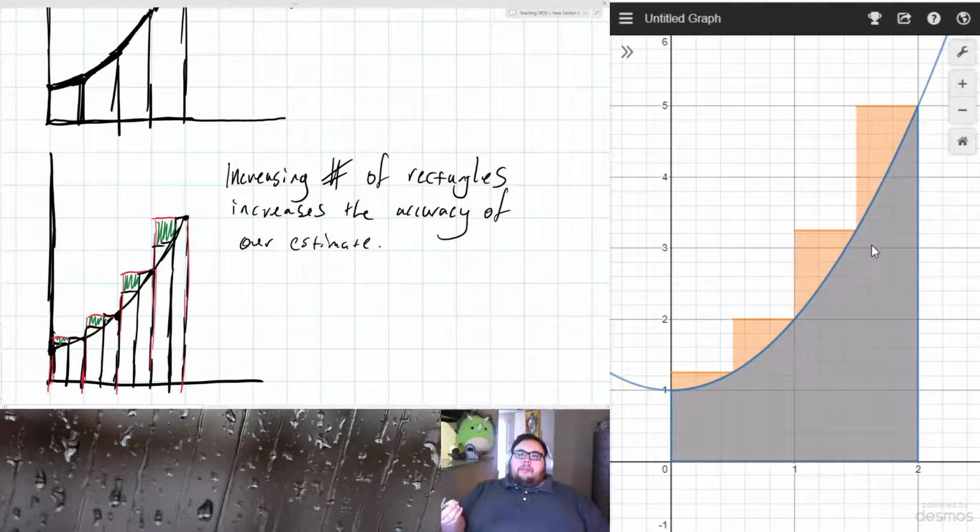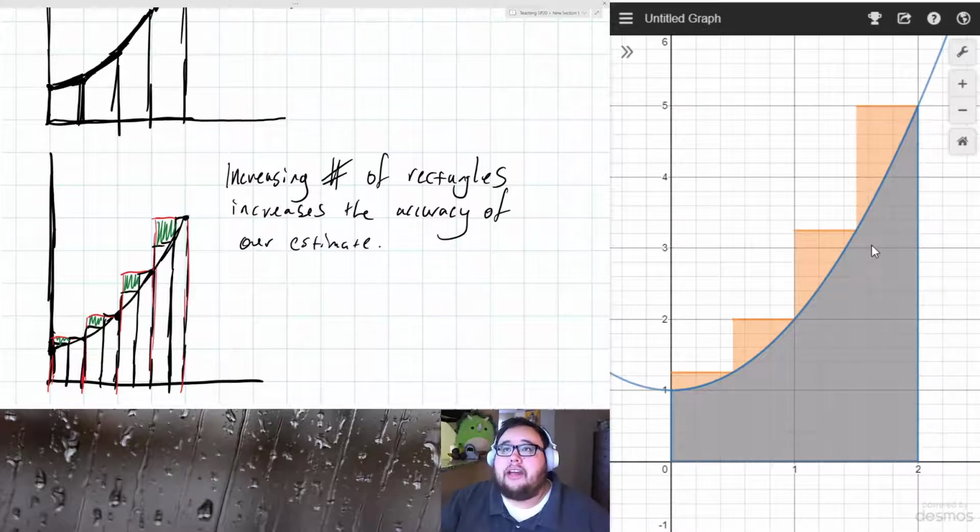So we could halve the width of our rectangles and still follow that same rule, maybe either choose the left-hand side or the right-hand side, and have them over and over again, right? And eventually, if we were to use a limiting process, like the limits we learned about at the very, very beginning of the semester, and we took the limit of the sum of these areas as the number of rectangles goes to infinity, what we're doing is getting a more high resolution picture, right?